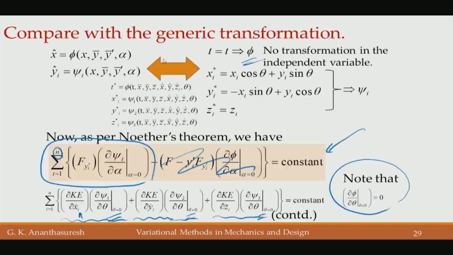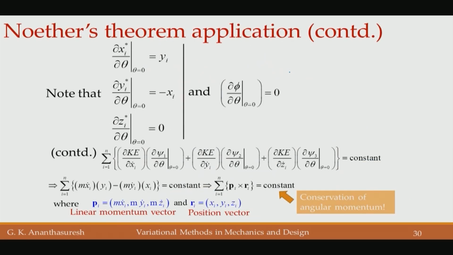Then you go back and look at this transformation, take the derivative with respect to theta, substitute theta equal to 0, and what you get is this result and this one and then this one. From there, z is not changed, that is why it is 0, and t is not changed, that is why this part is 0, but these two are non-zero.